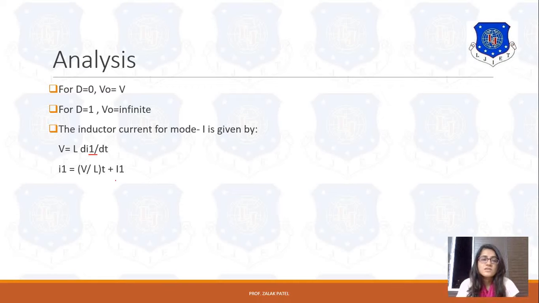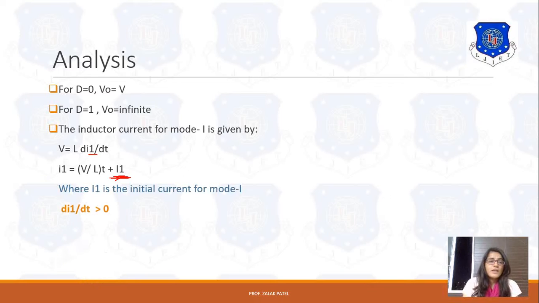I1 is this constant term, so we write it as I1. You can also name it plus C or plus A or plus B, anything. But we write I1 for the current equation. Here I1 is the initial current for mode 1. You can name it in any way.